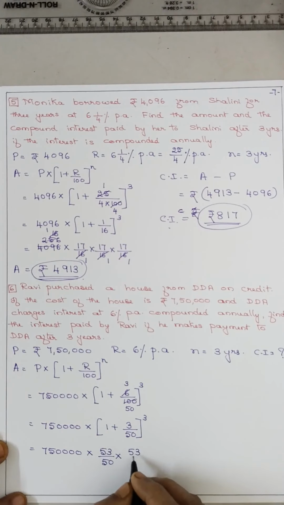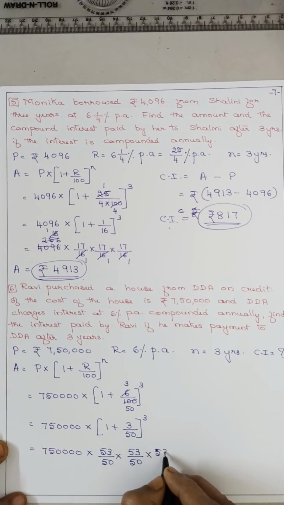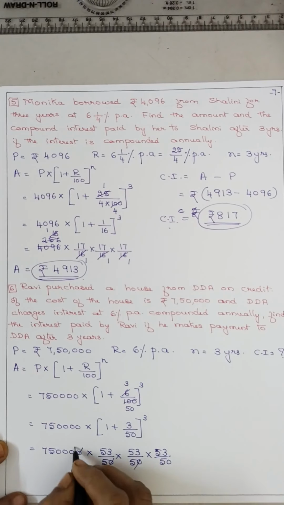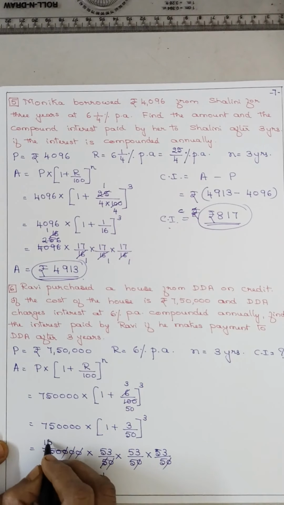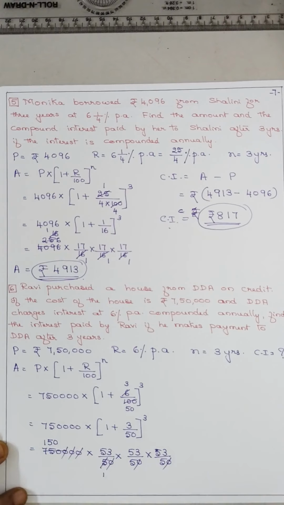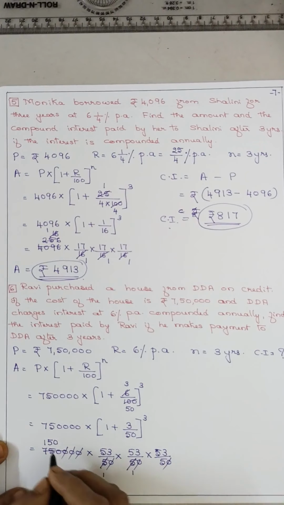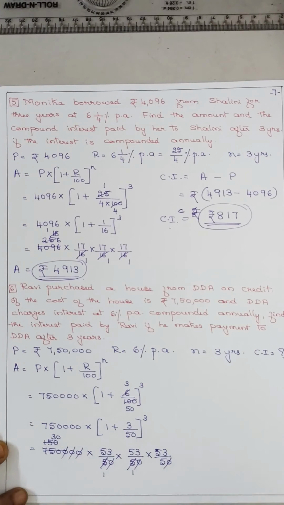So 53 by 50 you have to write 3 times. 0 cancel. Now it is 5 1s are 5, 5 5s are 25, and 0. Now 5 1s are 5, 3s are 15, 5 1s are 5, 6s are 30.